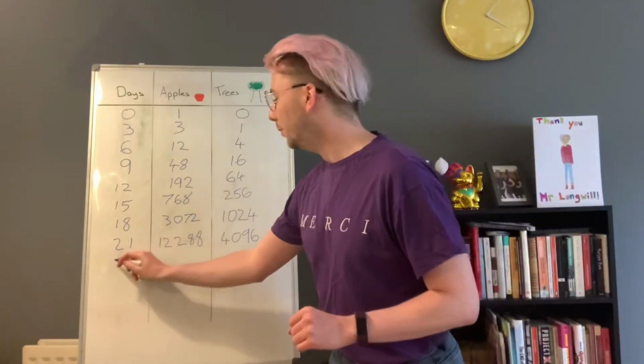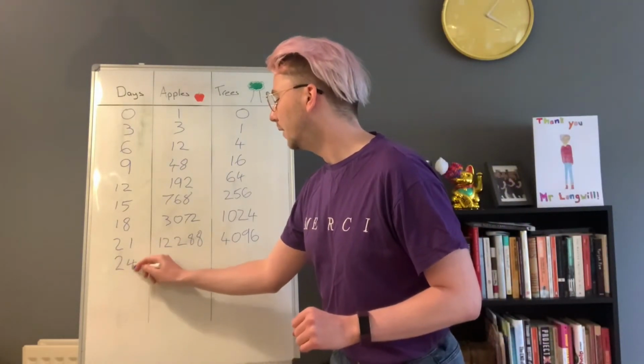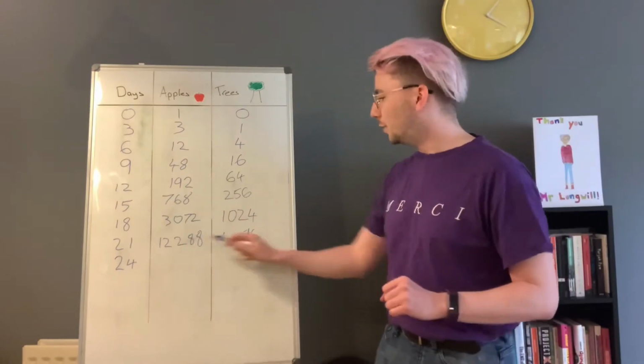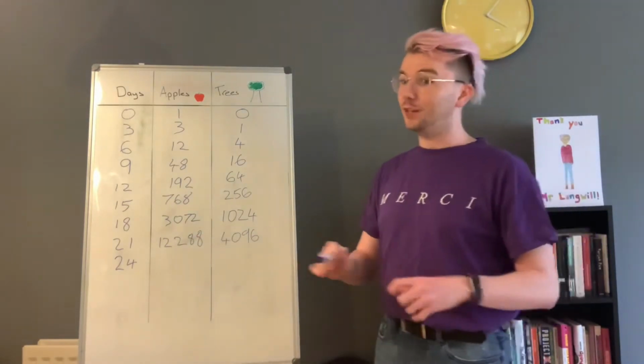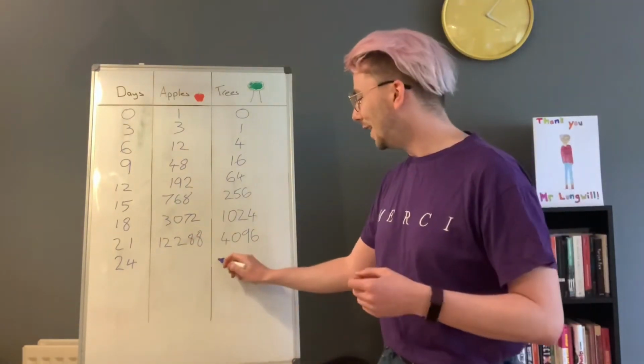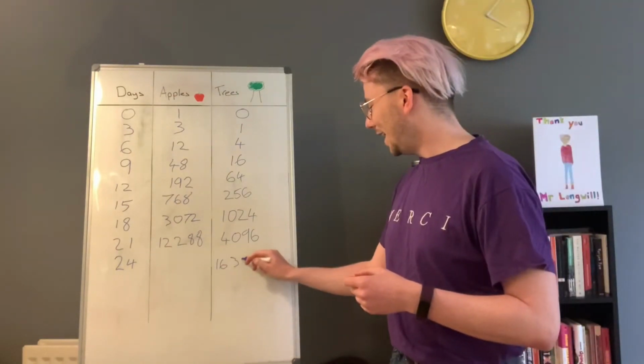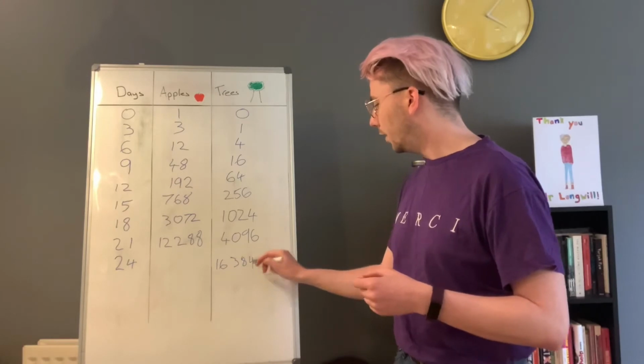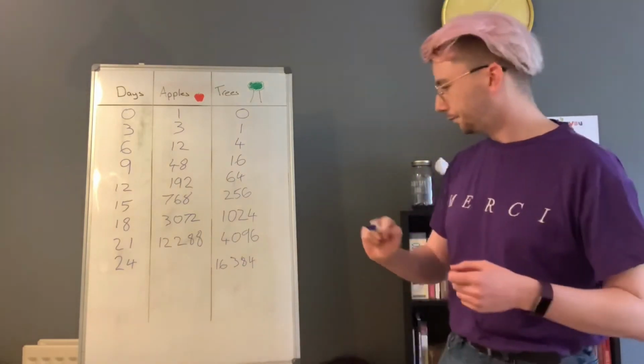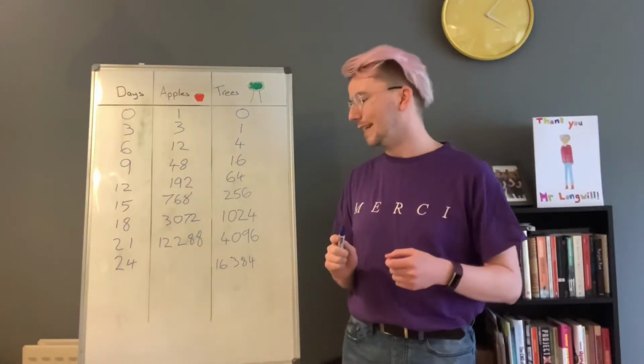So one more term, 24 days. To get the number of trees, we add these two numbers together, which gives us a massive number of 16,384. Yes, 16,384.